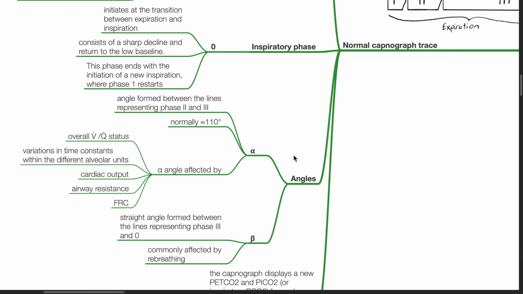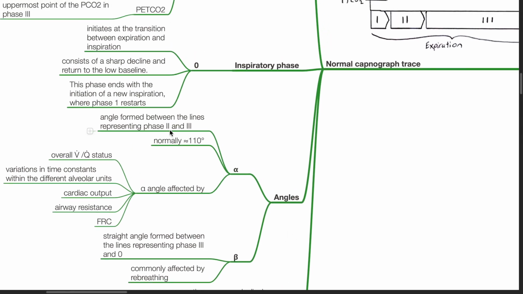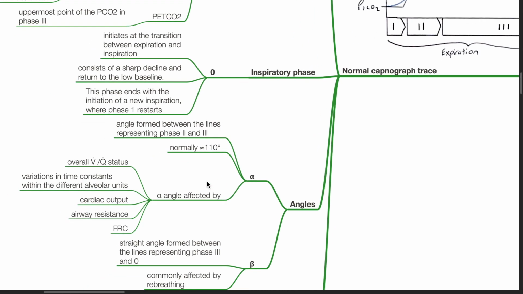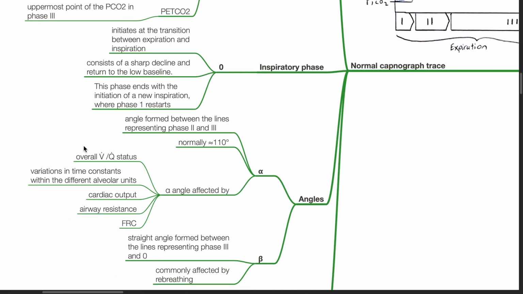There are two angles, alpha angle and beta angle. Alpha angle is the angle formed between the lines representing phase 2 and 3, which is normally 110 degrees. Alpha angle is affected by the overall ventilation perfusion status, variations in time constants within the different alveolar units, cardiac output, airway resistance, and functional residual capacity.